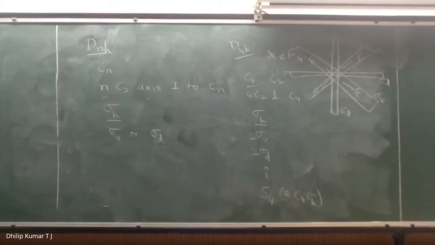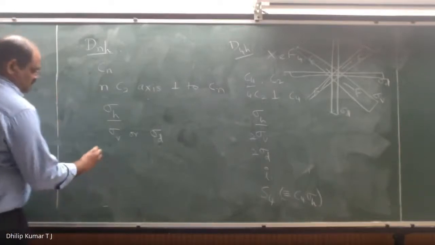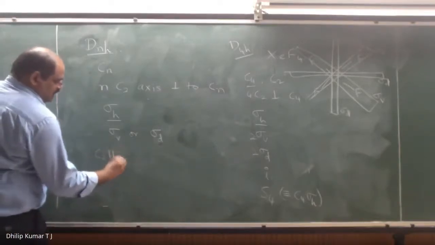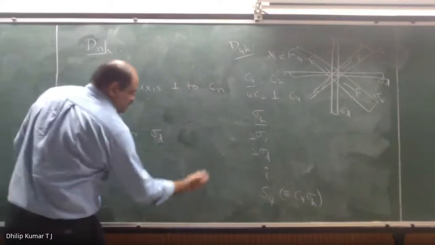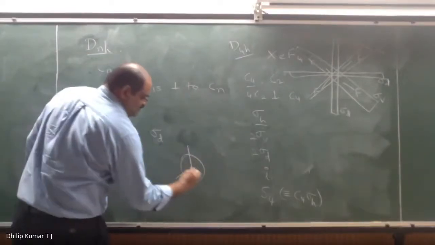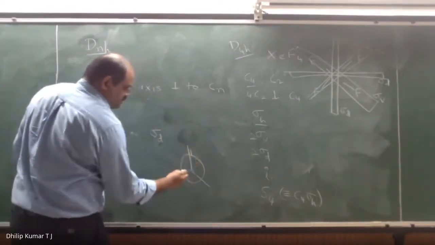As somebody was saying, the other example is the eclipsed conformation of C2H6, which is D3H. So C2H6 eclipsed. Again, we put that in one projection, and I put hydrogens next to it.